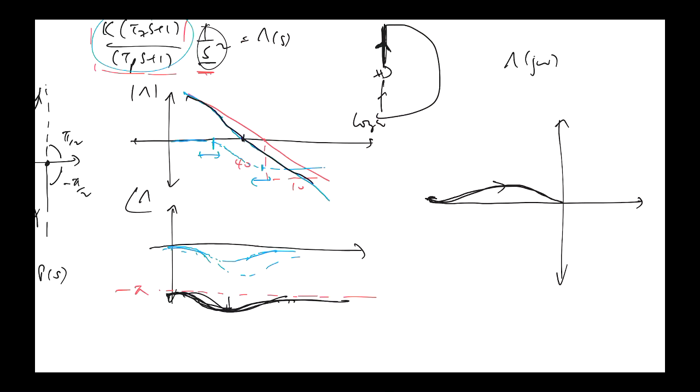When we come out the other side, by virtue of this being a real rational function, we just get the mirror image. So it'll come like this. Let me draw it again. Drawing it backwards is harder than drawing it forwards. Okay, so it's going like that, all right? And then as we go around this little indentation, we're going to get a net change of minus pi radians for every pole we have inside that little indentation.